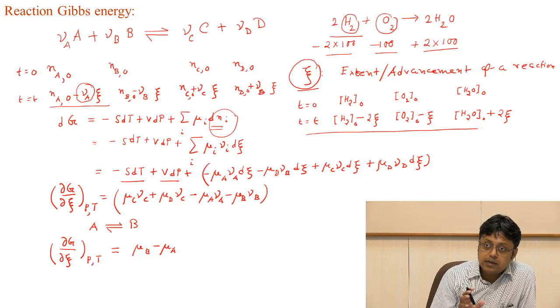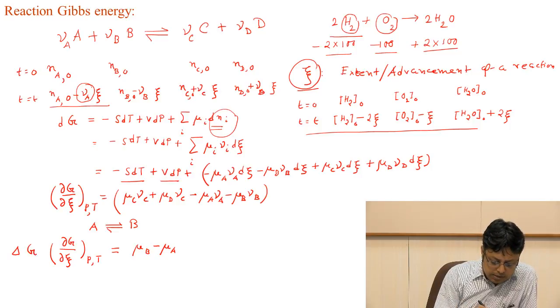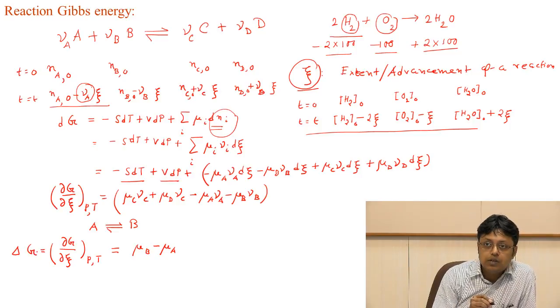This difference I can call the difference in Gibbs free energy when the reaction happens. You can call it the reaction Gibbs free energy, and we denote it as delta G, and since this delta corresponds to a reaction, we put a suffix R here.